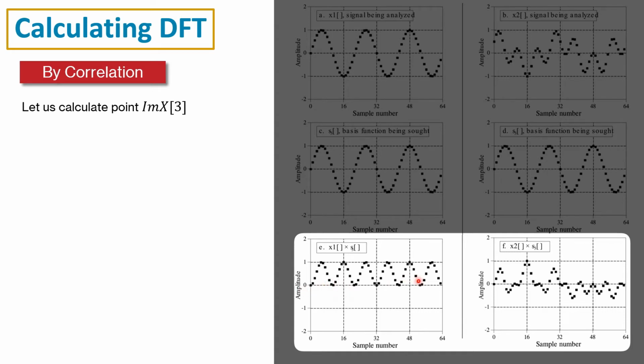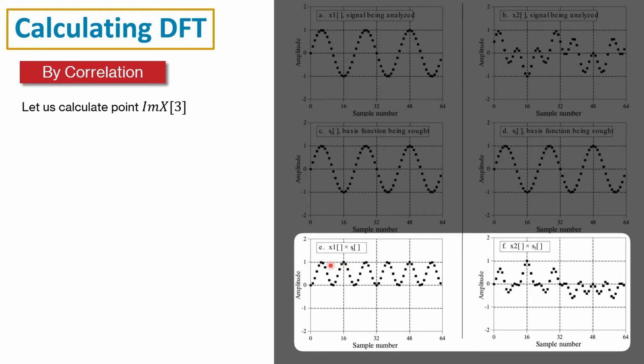So when this happens, it means that the sum of all these is equal to a positive number, right? If there is a positive value, it means that there is some correlation between the signals which are multiplied together.